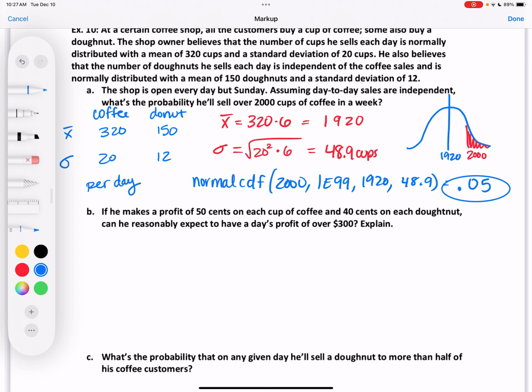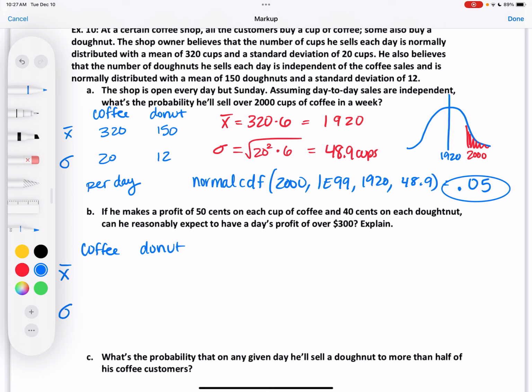So, I'm going to basically take each of these things here and multiply them by the amount of profit that he's going to make to find how much he can make, and then we'll do the expected value. Let me just go ahead and set it up.